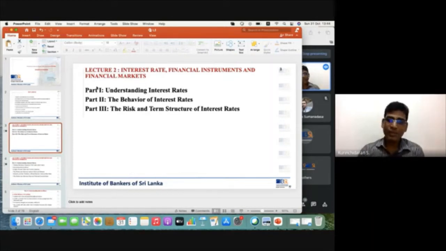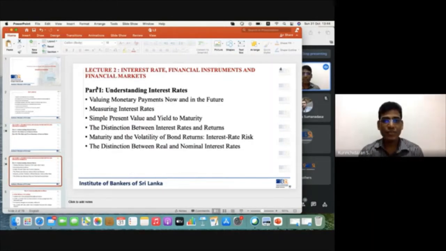Now, as I said, the first one is understanding interest rates. Under that, we will look at valuing monetary payments now and in the future. That's one aspect. How we are going to measure an interest rate is the second one, and under measuring we will have simple present value as well as yield to maturity. These are two basic theories that you should be able to apply wherever necessary.